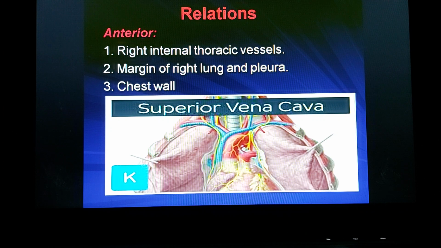Coming to the relations. The first relations, that is the anterior relations. Here there is the superior vena cava.